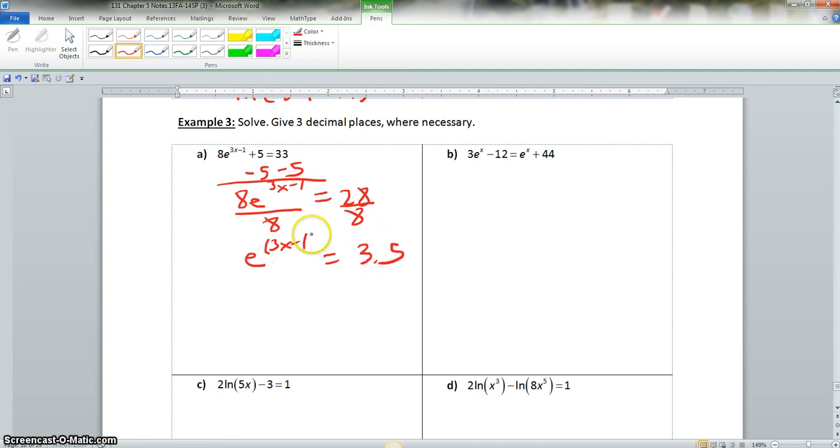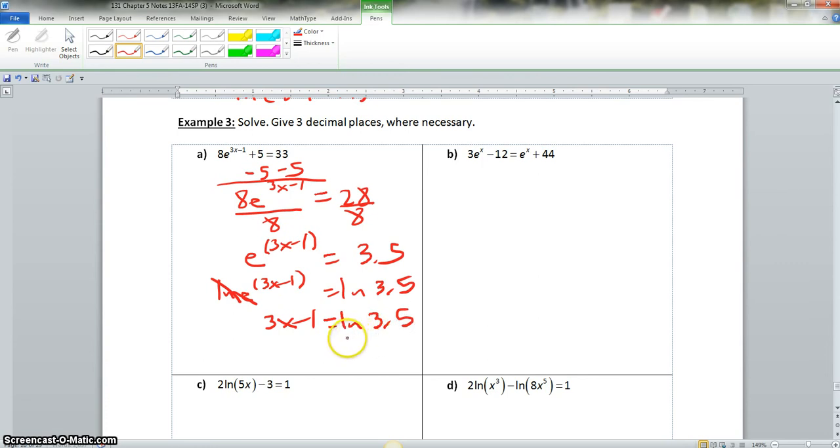Now we will put this 3x minus 1 in a parenthesis. Now we're going to take the natural log of both sides, just like we would do with a log. The natural log and e would simplify out, and you will have 3x minus 1 on one side is equal to the natural log of 3.5 on the other.